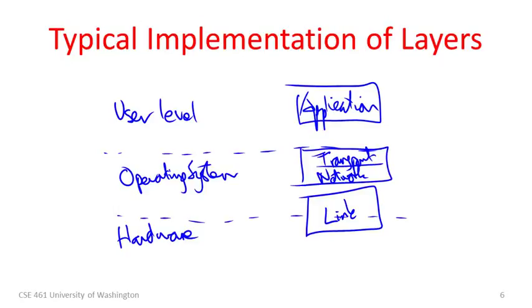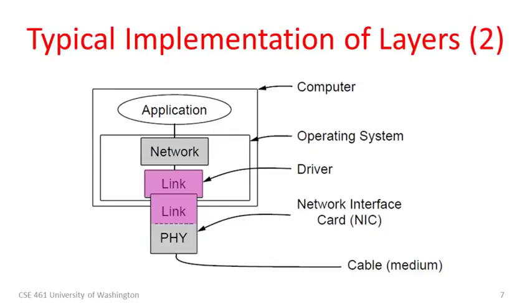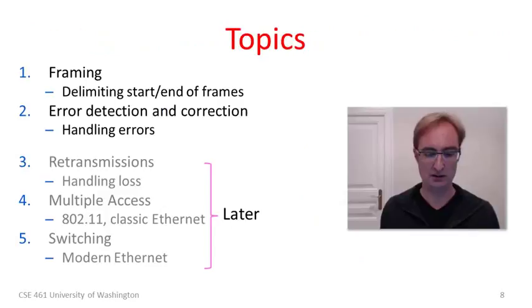Often there's some hardware support for the link layer on a NIC, a network interface card, which is inserted in your machine. And then the physical layer, well, that's hardware at the bottom. Here's a slightly more cleaned up version of that picture, or close to that picture. It doesn't show the transport layer there because that's not involved in this particular picture. But don't worry about that.